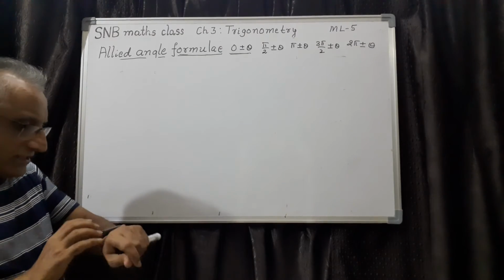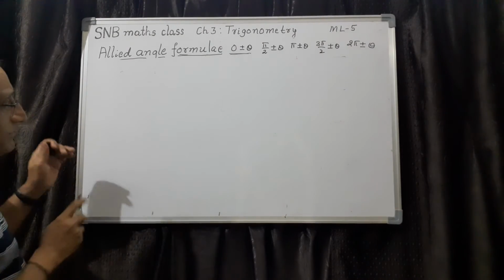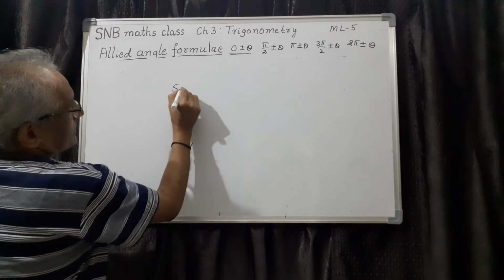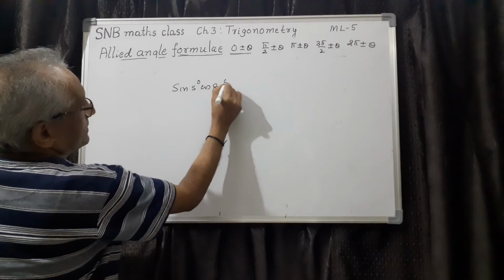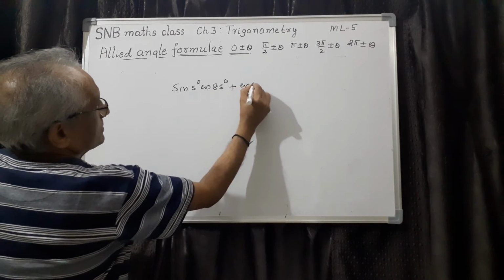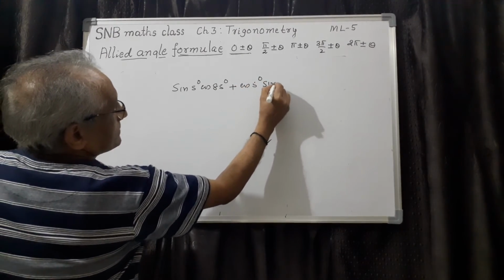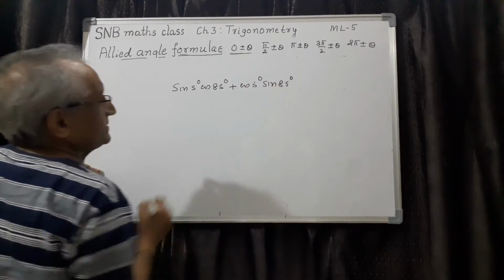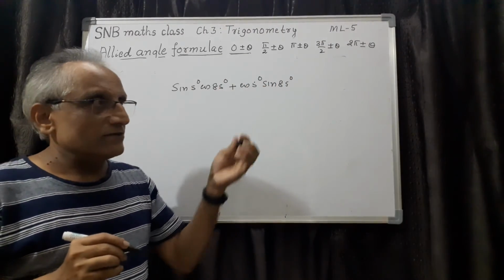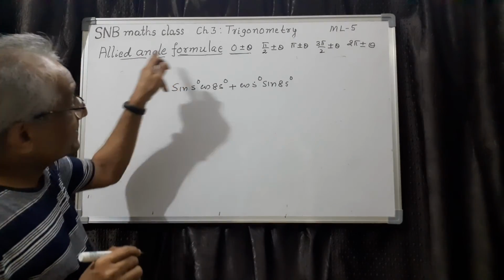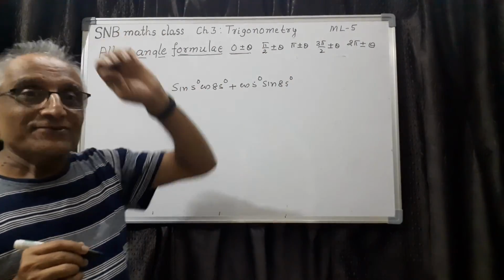Now let me just give you one more small example. Say sine 5 degree cos 85 degree plus cos 5 degree sine 85 degree. What is this value? Of course, later using addition rules we can do it. But using allied angle rule, you can do it.